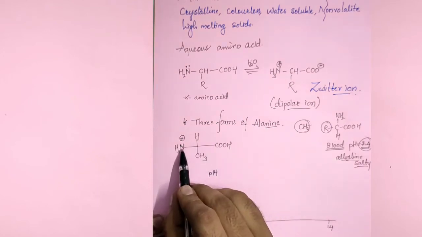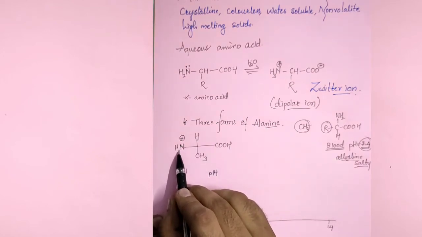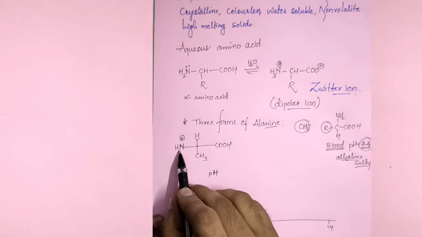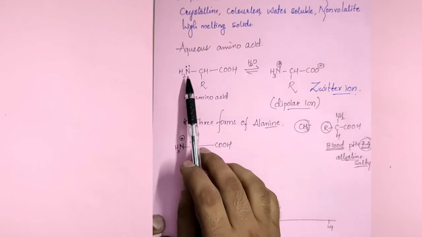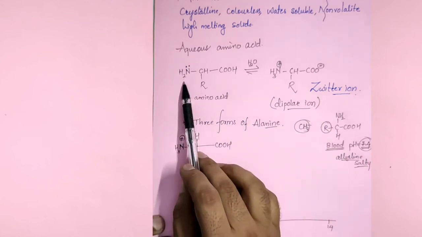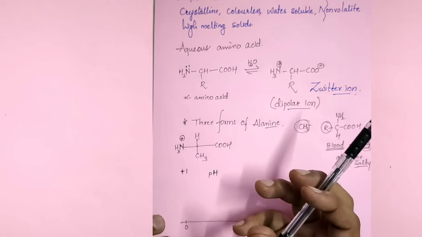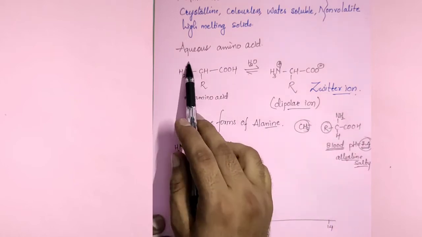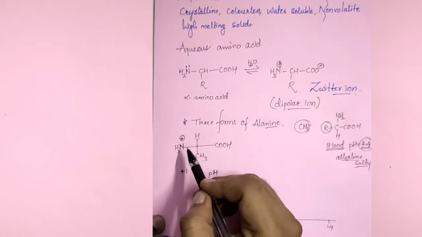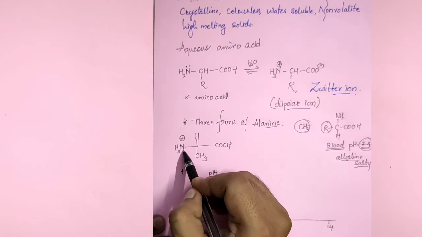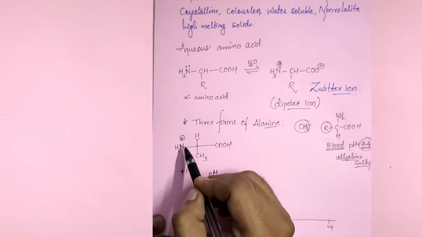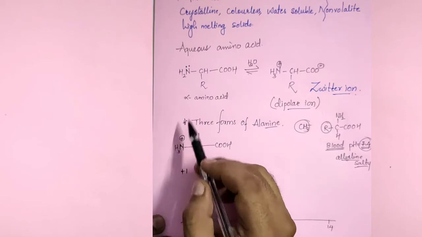Over here, nitrogen has taken the hydrogen atom, so the basic character is reduced because NH2 is the base. According to Lowry and Bronsted concept, proton acceptor is base. Now this NH2 accepts the proton from the solvent, so now the basic character has been reduced.